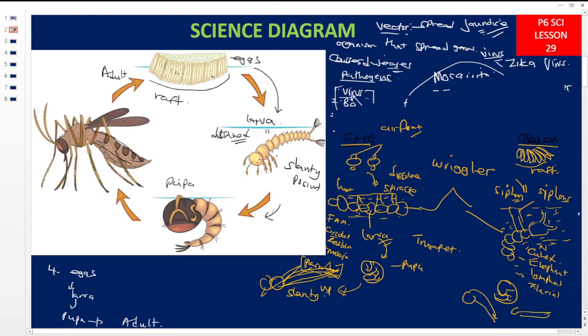So when you look at it like this, this abdomen here is for the Culex mosquito. If it was the female Anopheles, it was going to point up like this. So this one is for the female Anopheles mosquito, then this one is for the Culex mosquito. Are you getting it? So all their pupa stages are the same.